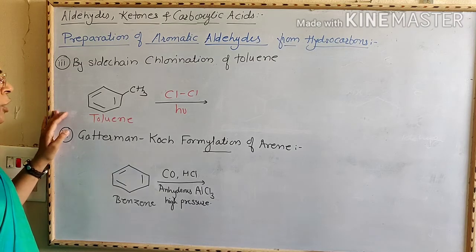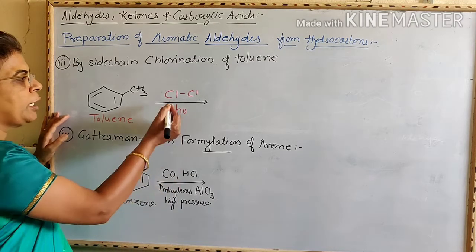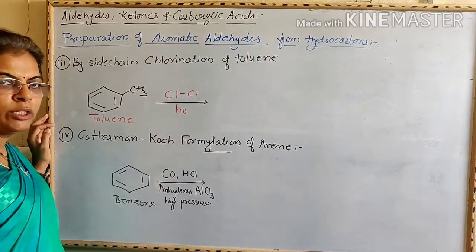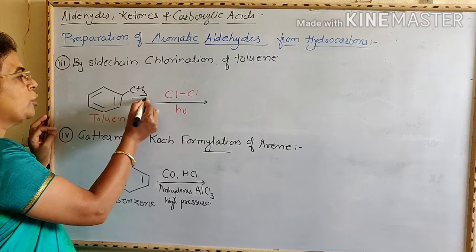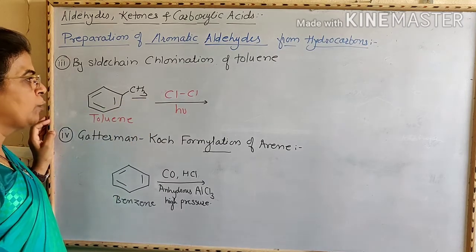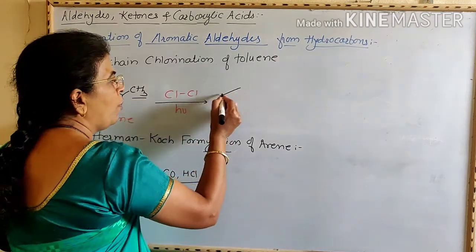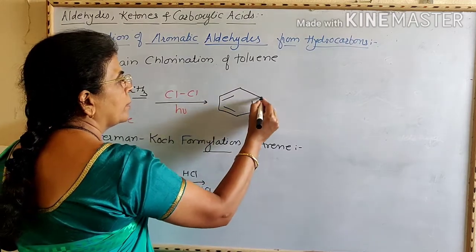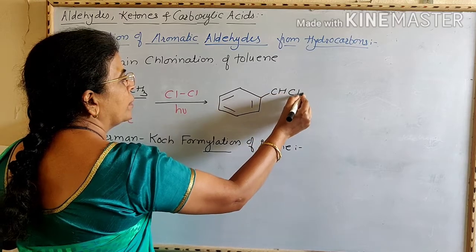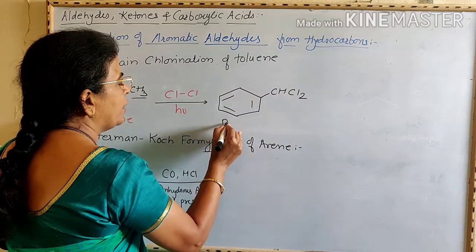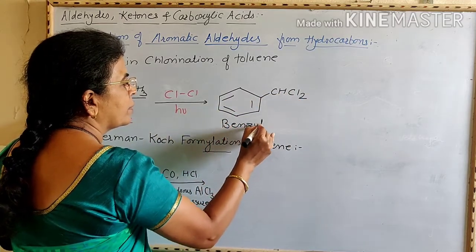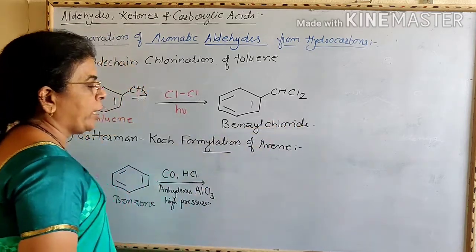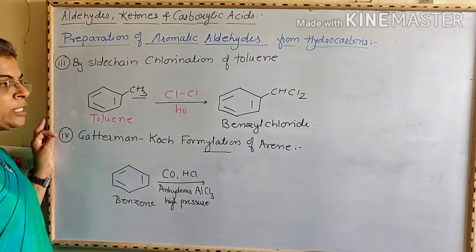When chlorination is carried out in presence of sunlight, that is addition of a chlorine molecule, chlorination of the side chain, that is the CH3 group, is carried out to form benzyl chloride.